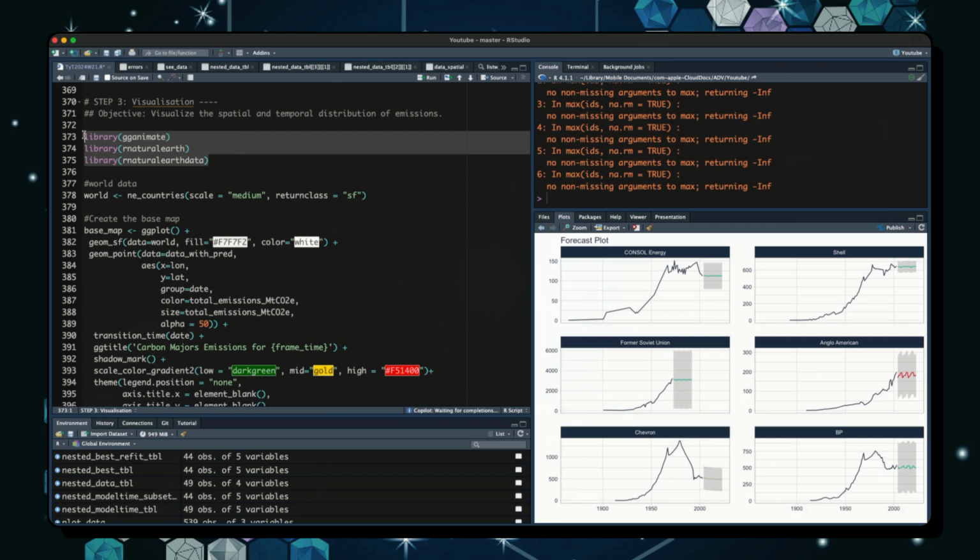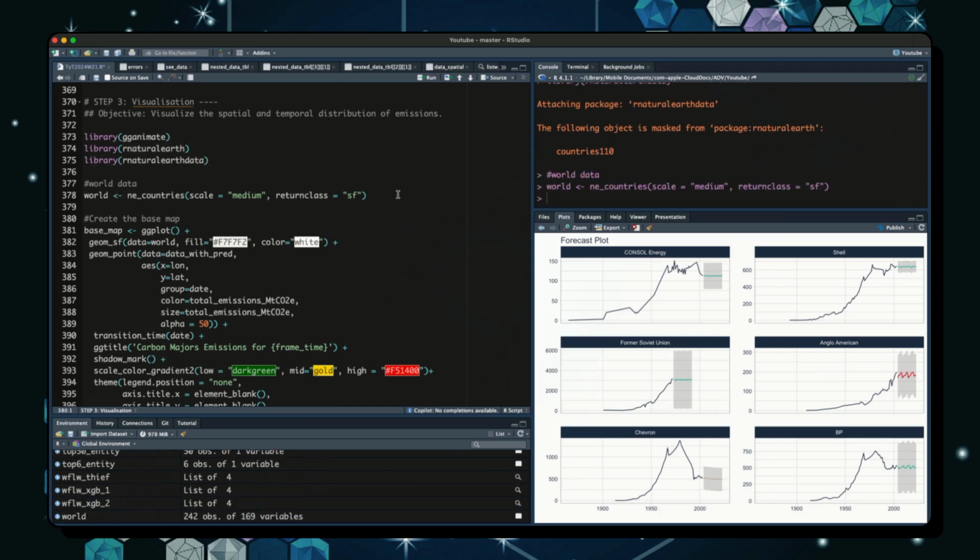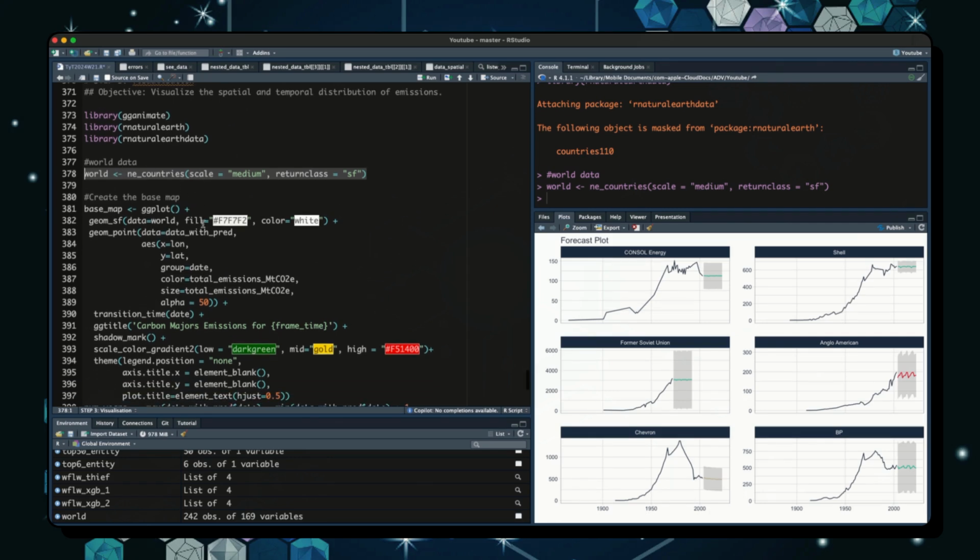So we first need some packages to animate our map and to have some kind of background that shows the world. In those packages, the world dataset here is how we access the world data that we can use for plotting.